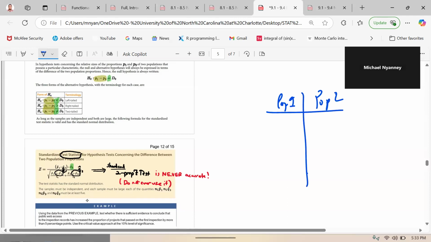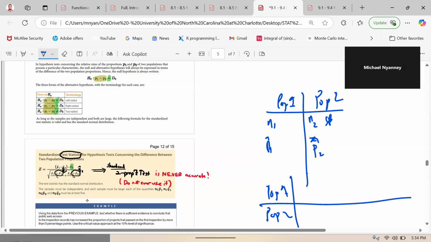You can have data like this, or the sample statistics, maybe you have N1 and p hat 1, and N2 and p hat 2. So it could be arranged like this, or like this. Pop 1 or pop 2 is the same thing. The first one that you see might be your P1, and this will be your P2.